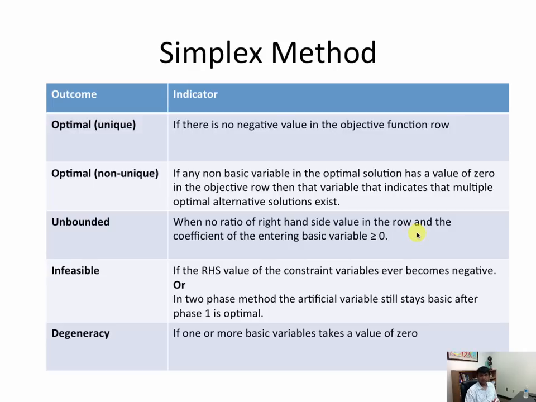And unbounded, we just saw that when no ratio of the right hand side value in the row and the coefficient of the entering basic variable is greater than 0, then we have an unbounded solution. And an infeasible solution is if the right hand side value of the constraint variables ever becomes negative, or in the two-phase method the artificial variable still stays basic after phase 1 is optimal. And then degeneracy is when one or more basic variables take a value of 0.